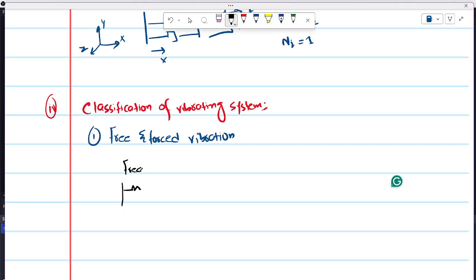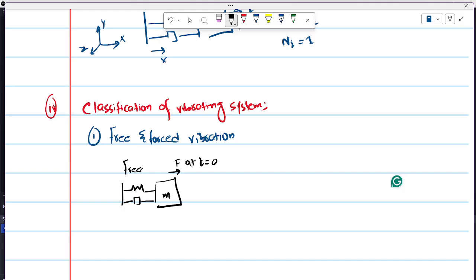So let's say you have a mass spring damper system, and you apply the force at t equals 0, meaning from the time you start observing the system, just before that you apply the excitation initially, and then you remove it, and then your clock starts and you start observing what's happening with the system. So you apply the force at t equals 0, and then you remove it and let the system vibrate on its own.